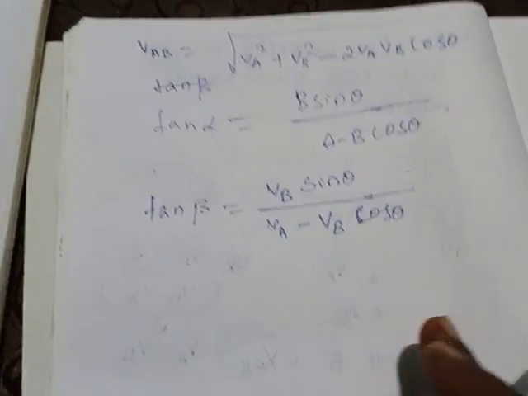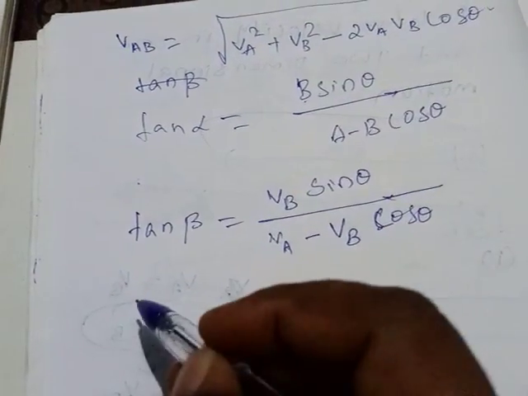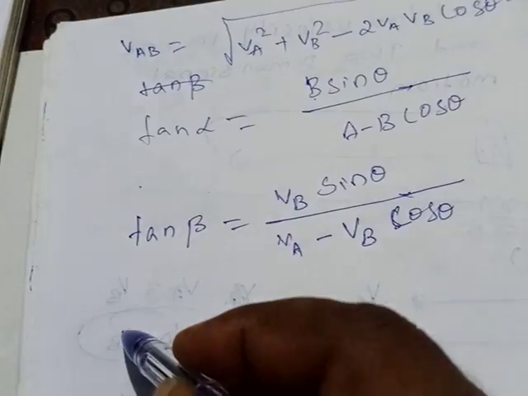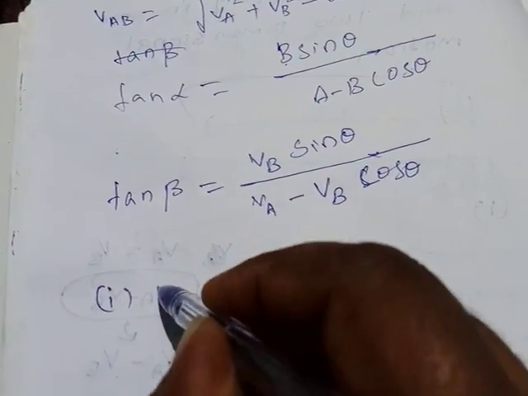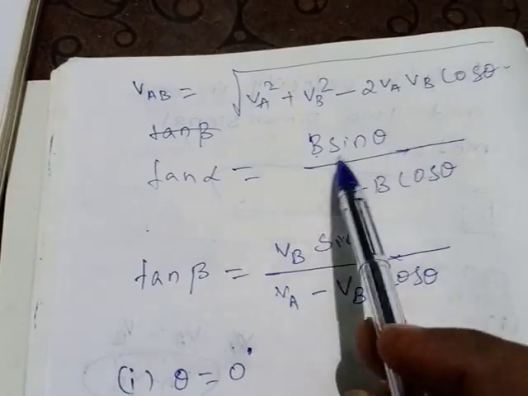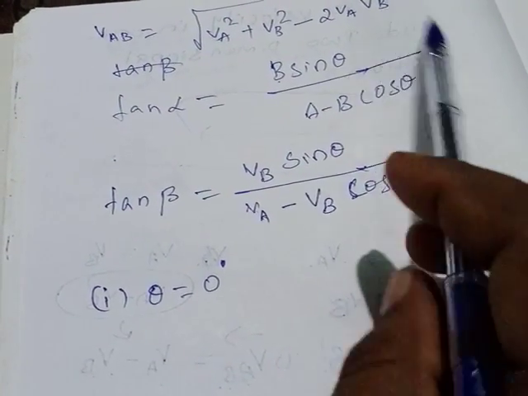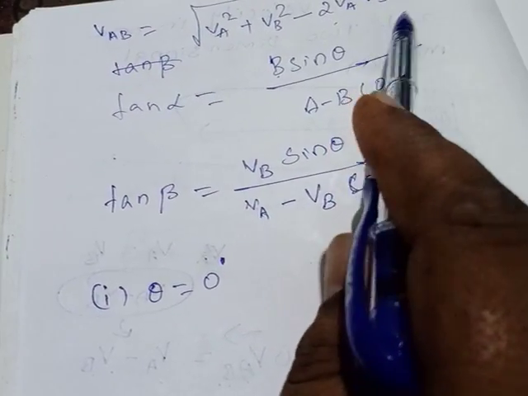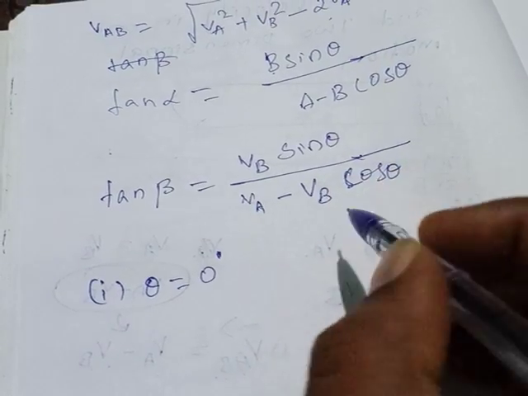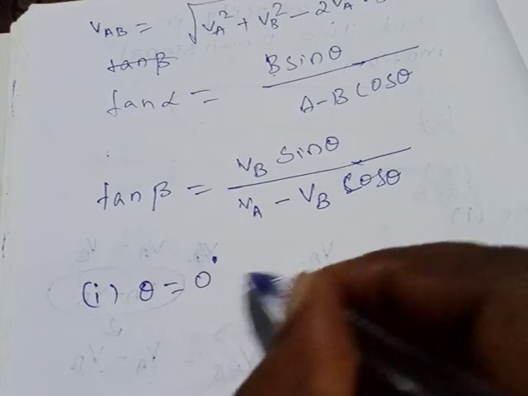Now, another 3 cases. In case 3 we are giving values. The first case is theta equal to 0. Theta equal to 0 degree means what will be the direction? The bodies move along parallel straight lines in the same direction.